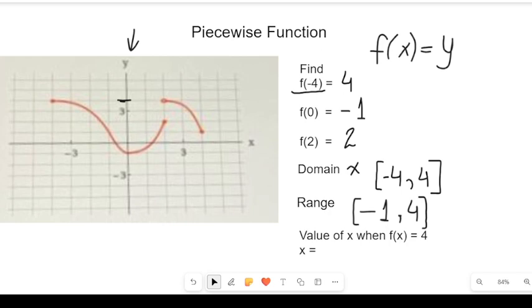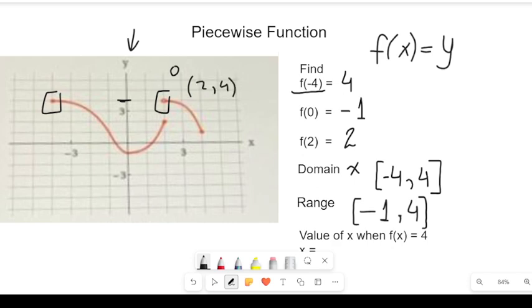Here, there's a point right here, and there's a point right here. But we know when there's a circle point, that point does not exist on our graph. So there's no point at 2, 4. But this one is a colored dot, so this point does exist on our graph. This one is -4, 4. So when our y is 4, our x is -4.